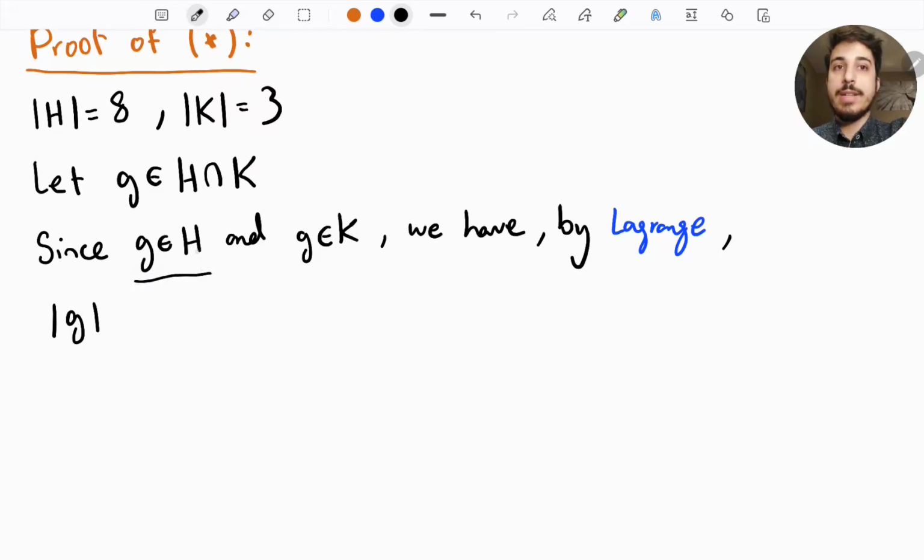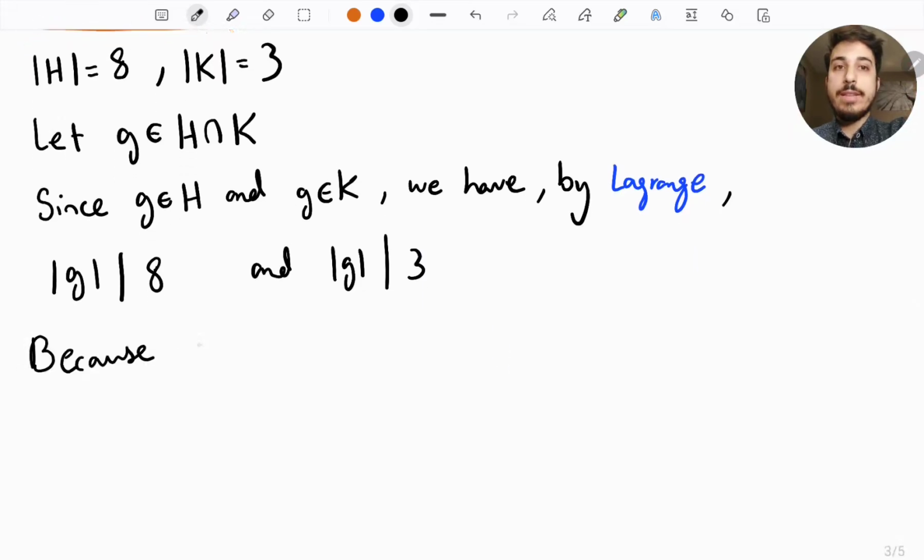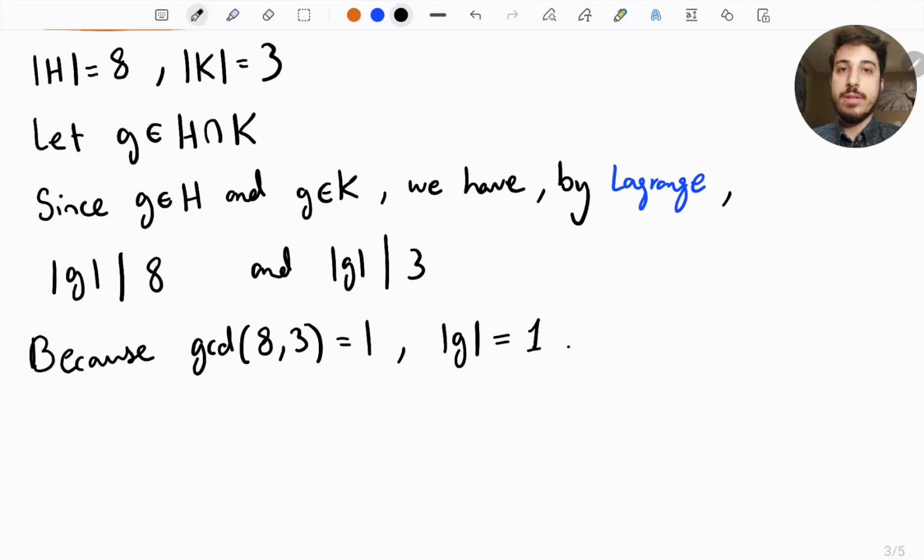So the order of g divides the order of H, and the order of g divides the order of K. The order of H is equal to 8, the order of K is equal to 3, but because 8 and 3 are co-prime, they share no positive factors except 1. So the order of g is forced to be equal to 1.